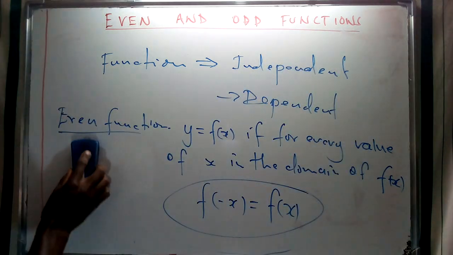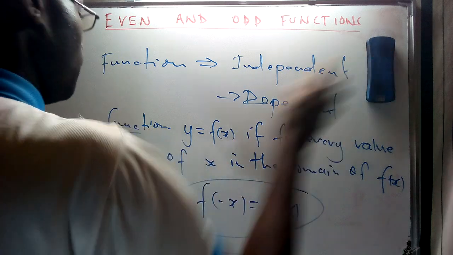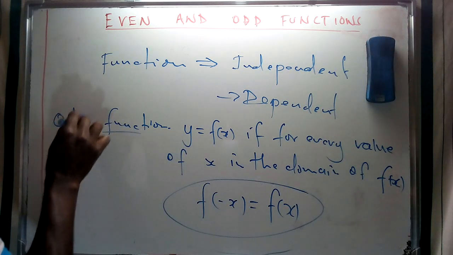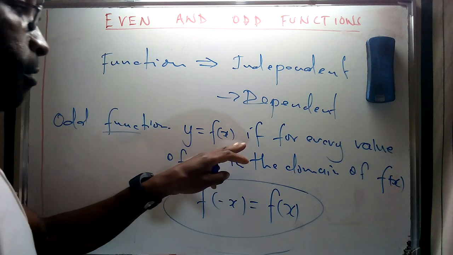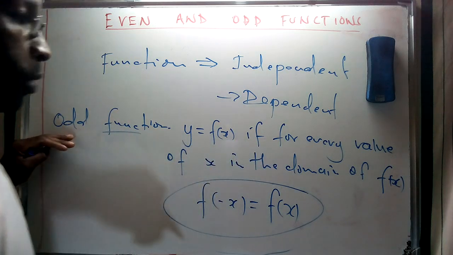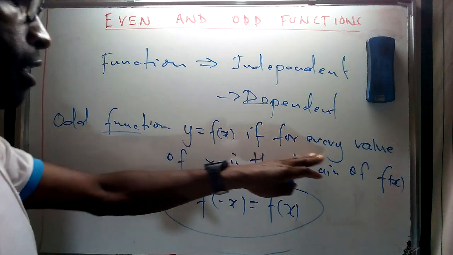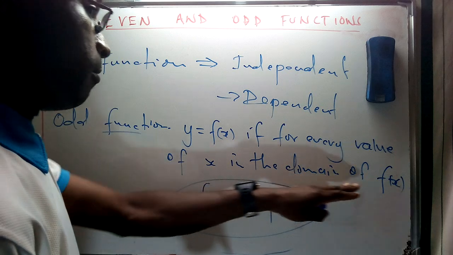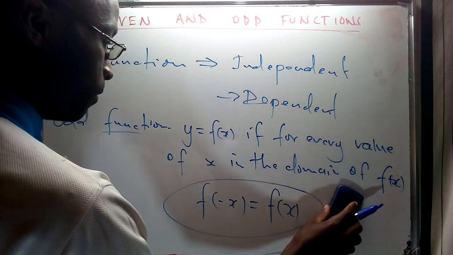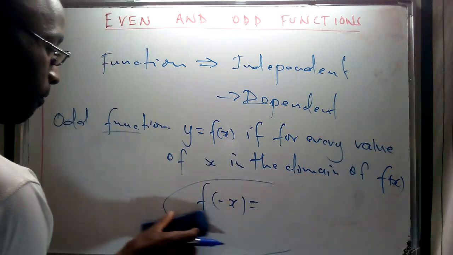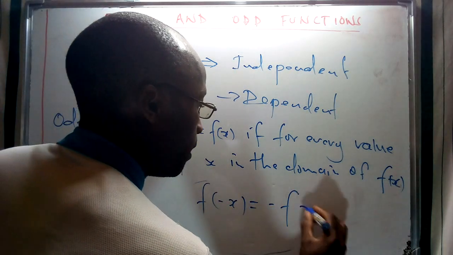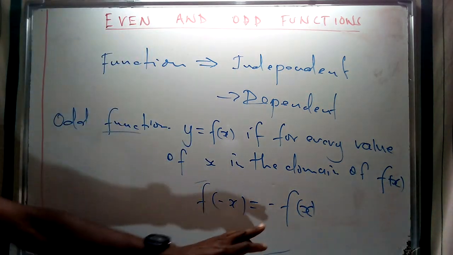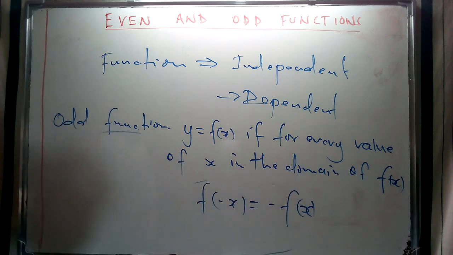Now we're going to create a distinction between odd and even functions. A function y = f(x) is referred to as an odd function if for every value of x in the domain of f(x), f(-x) is equivalent to the negative of f(x), that is, -f(x).